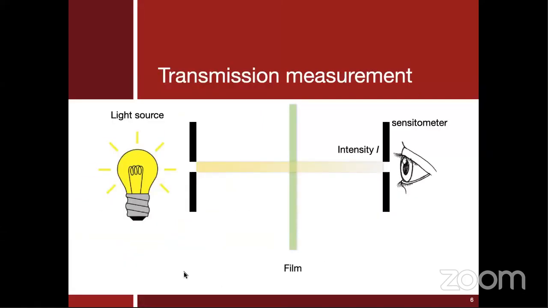And the basic idea is, the signal of the dosimetric film is just a transmission measurement. So you sandwich the film, you have a light source, and you have a sensitometer that reads the intensity of the light. This intensity is going to decrease based on the darkness of the film. The darker the film, the lesser the intensity is going to be read by the sensitometer.